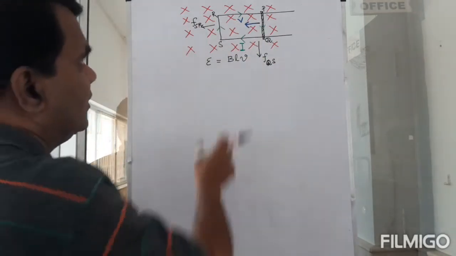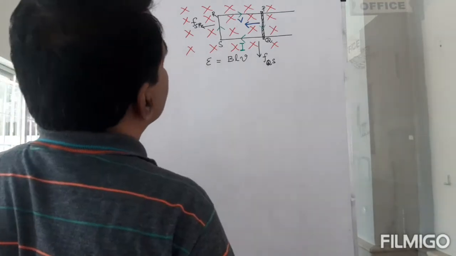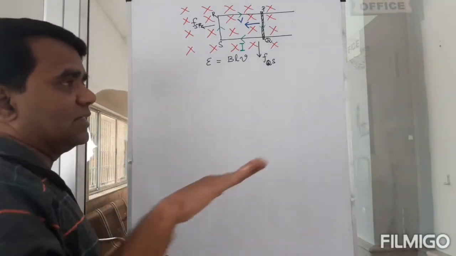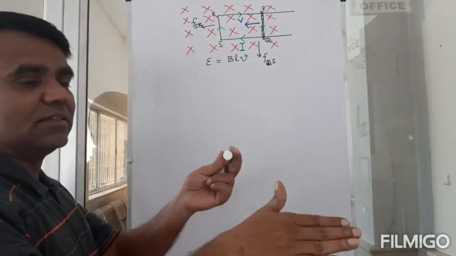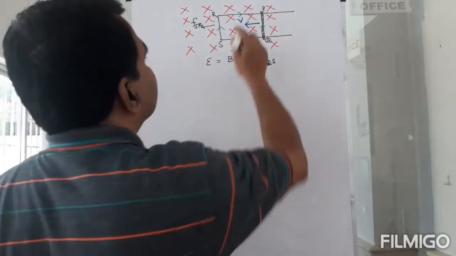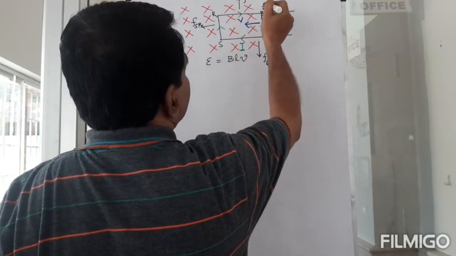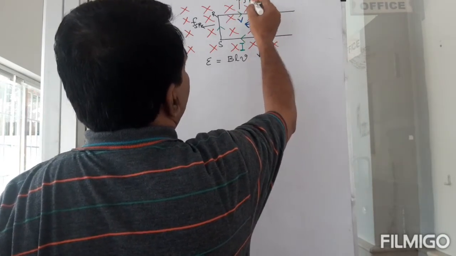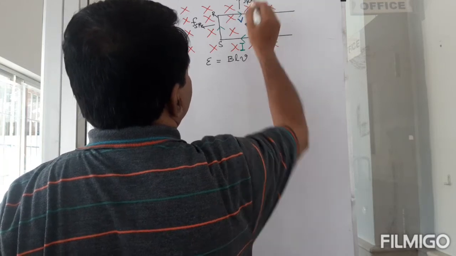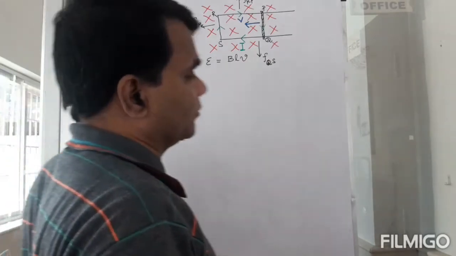Let me take this segment RP. So I is in this direction, B is in this direction, so IL cross B, force will be up on this. Then the force will be FRP. And what about this, PQ?